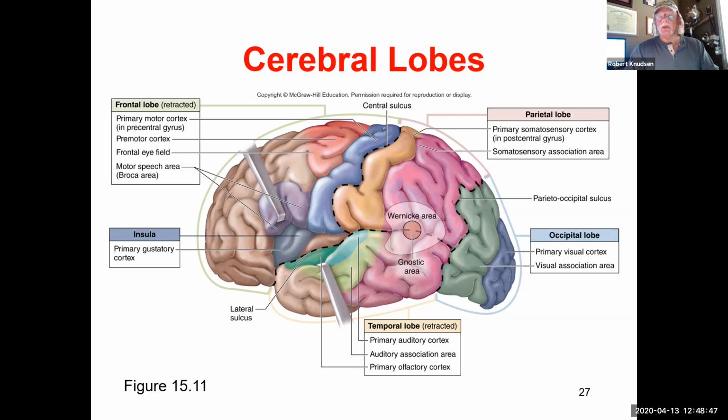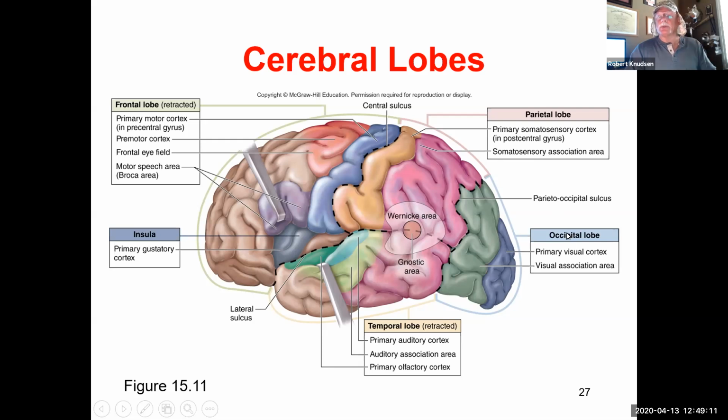From here all the way back here is the occipital lobe. In each box they put a generalized description of what they do. Look at this: motor. Somatosensory means sensory. I'll talk about that later.